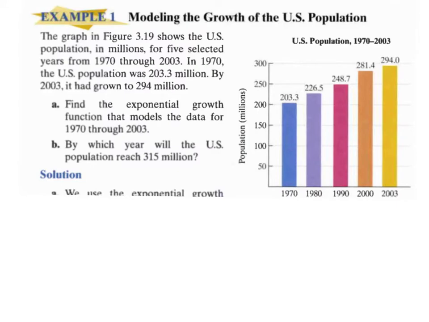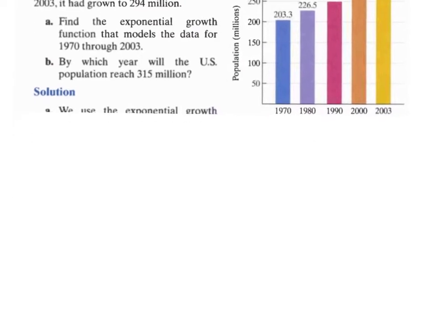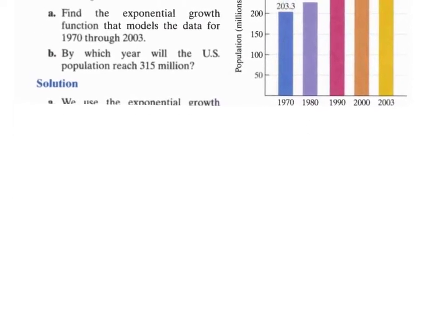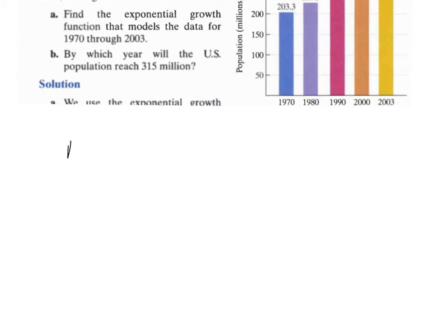All right, so we looked at our exponential model, and that is part A. But now it's asking us, by which year will the U.S. population reach 315 million? So let's duplicate our model here so we can answer this question. So remember, it was A equals 203.3 e to the power of 0.011 t years.